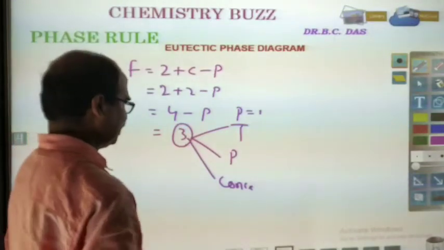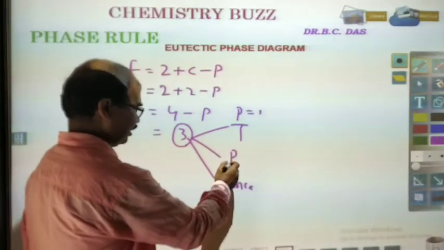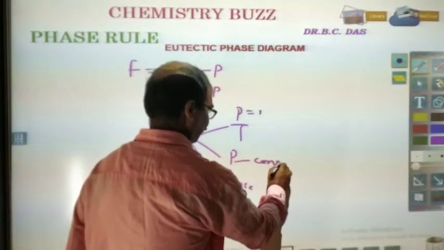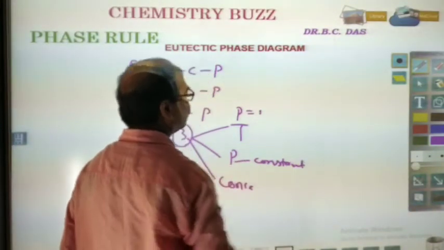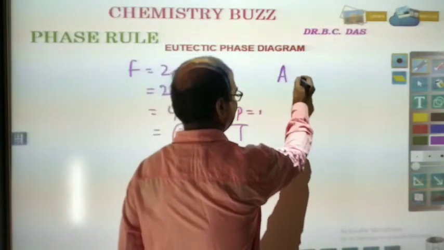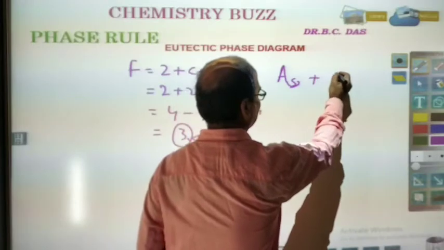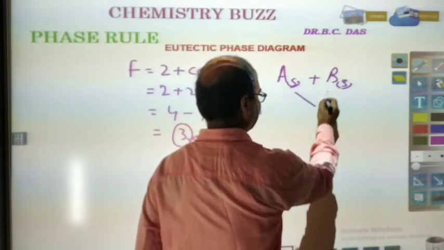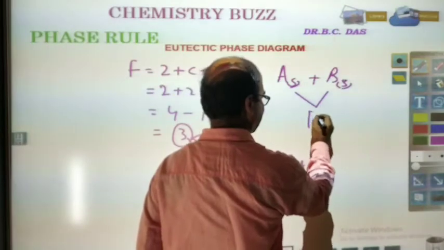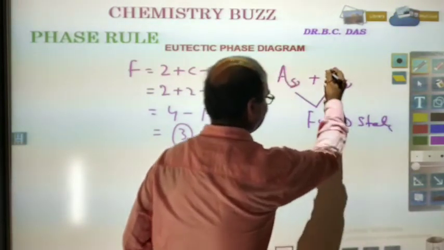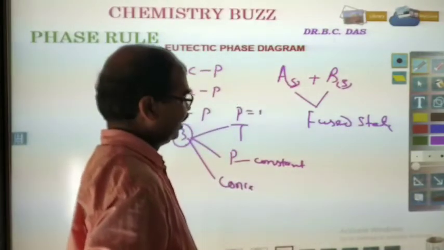For convenience, we have kept the pressure constant. Also, we are taking solid A and solid B, which mix in their fused states, and there is equilibrium between solid and liquid.